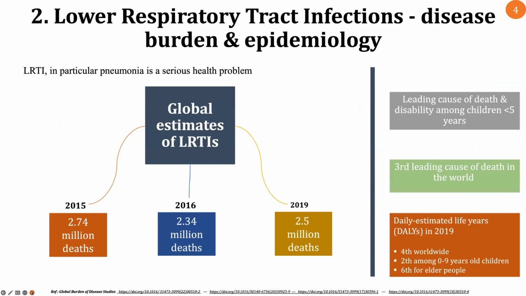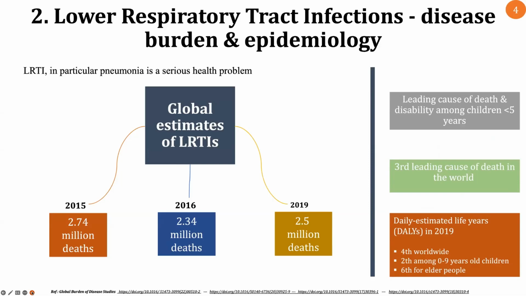Overall, when we focus on lower respiratory tract infection, as said by Tobias, upper respiratory tract infection is also important, but usually mortality is less when compared to lower respiratory tract infection.